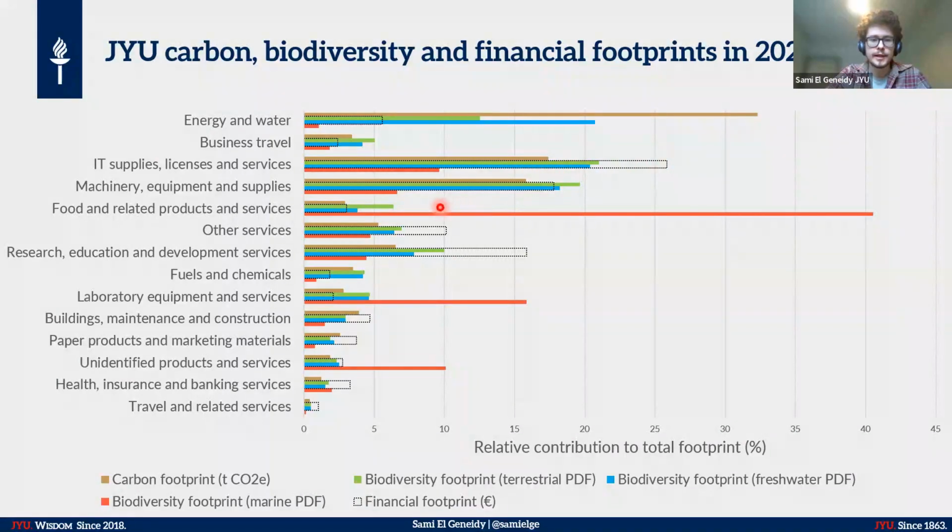In food and related products and services, the marine biodiversity footprint caused by the food products is huge. It contributes more than 40% of the total biodiversity footprint to the marine ecosystems, while for other categories it's a little less.